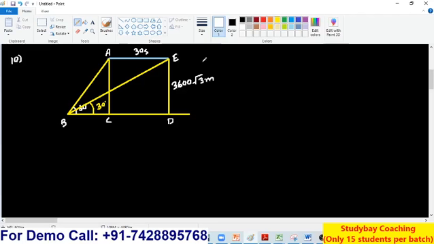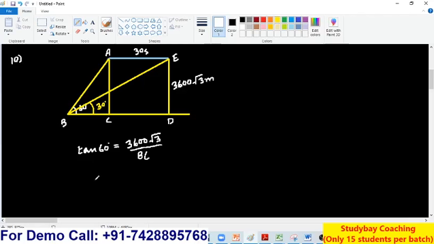Now let's check out the horizontal distance first. Okay. So tan 60 degree is equal to perpendicular upon base, that is 3600 root 3 upon BC.